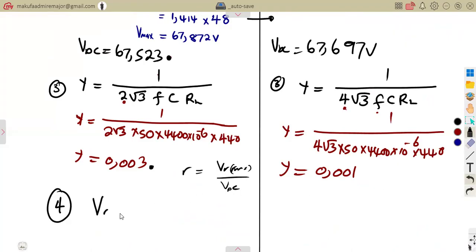So our ripple voltage is going to be equal to the ripple factor times our VDC. In this case, our ripple factor, which is gamma, times VDC. Only what is different are the values that you are using.